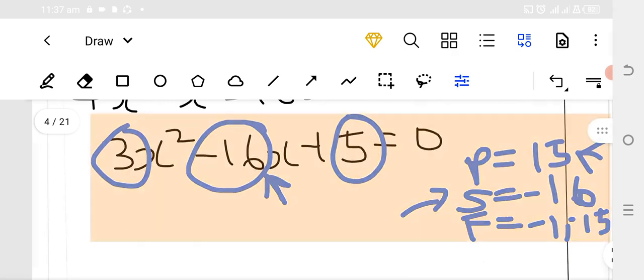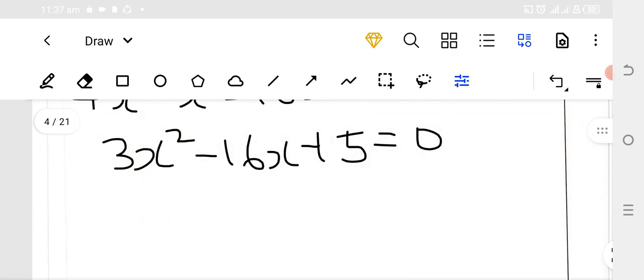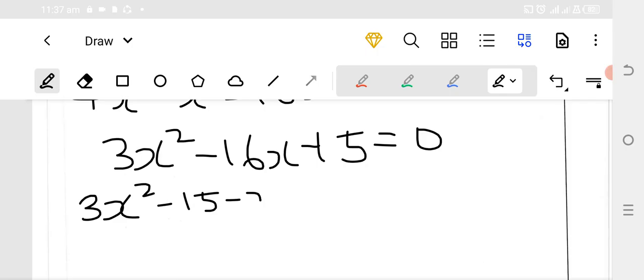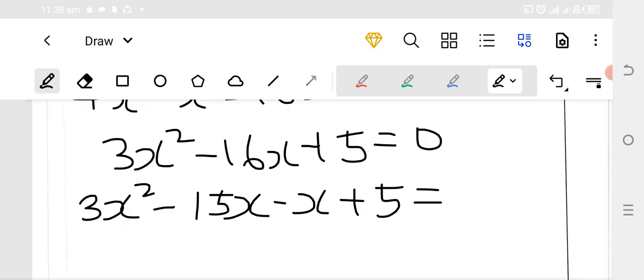To continue, it's going to be 3x squared minus 15x minus x plus 5 is equal to 0.